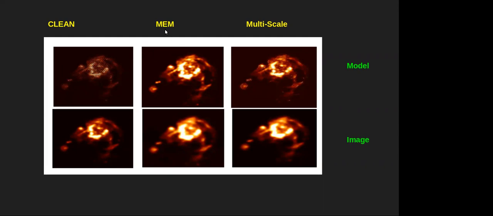That is the maximum entropy method, whatever Poonam discussed, and it does better than clean, but it is still not the most accurate thing. However, if you do multi-scale cleaning, you see that the image is nice, and it has actually modeled different kinds of scales, small scales here and large scales here, and it is basically reconstructing the sky more appropriately.